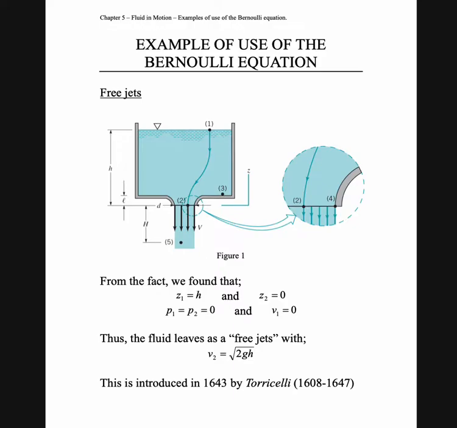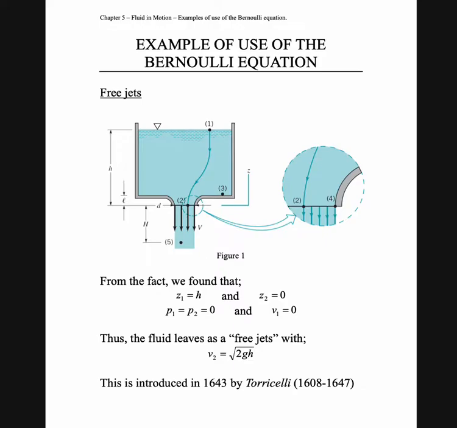Free means it moves freely in atmospheric pressure, because we assume that the atmospheric pressure is equal to 0. So if a flow of fluid is moving in atmospheric pressure, we call it a free jet.